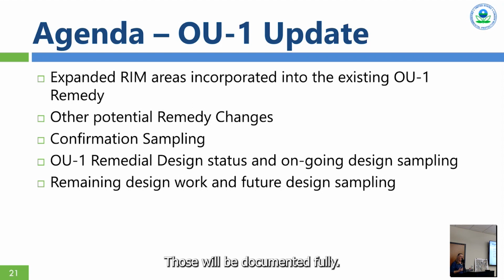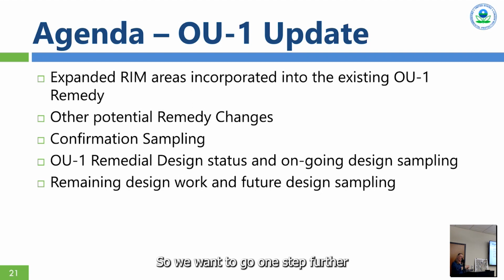Those will be documented fully. Basically, what's required for an ESD in the CERCLA process is a notification to the file or to the public that says this additional information is available in the public record. What we're proposing to do is to potentially have a public meeting to describe those changes and give people an opportunity to ask us questions.